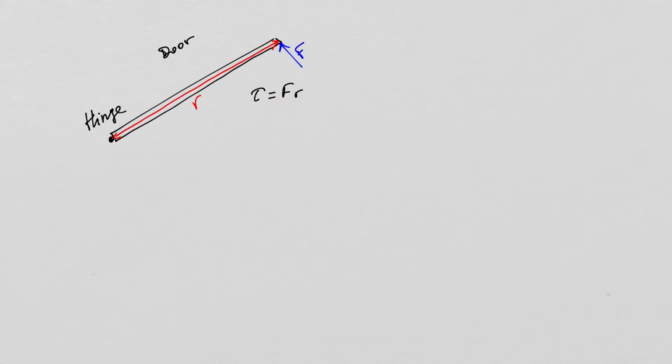Now let's have the exact same configuration, but this time I'm going to place the force at a different position. So here is the door again. That's the hinge. Now the force is applied halfway along the length of the door. So now the distance from the axis of rotation to where the force was applied is just that much.